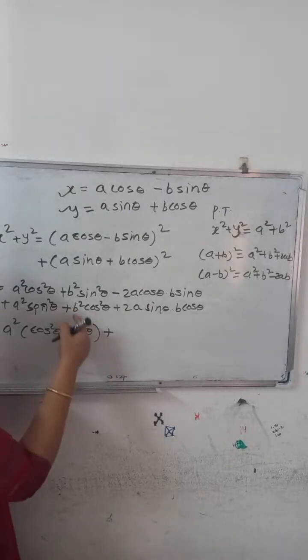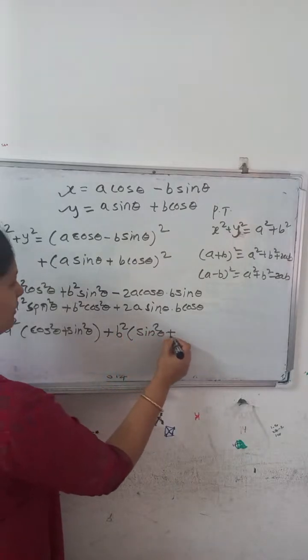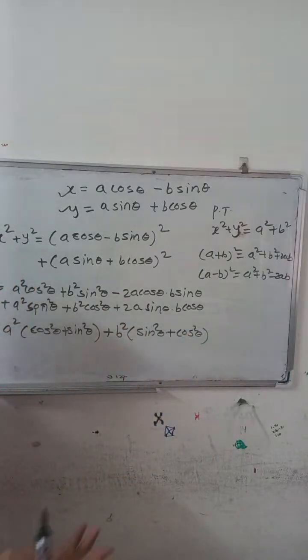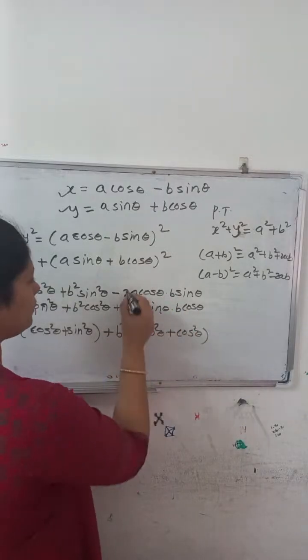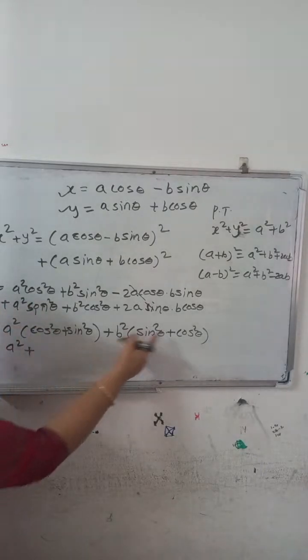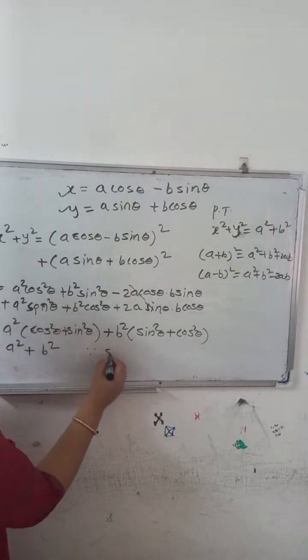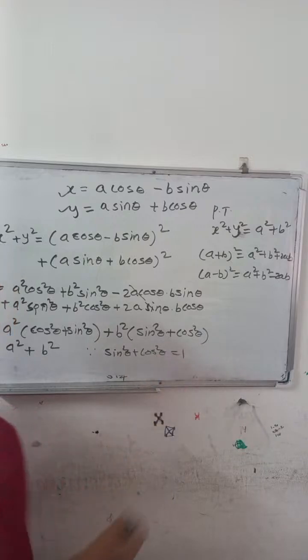Again if you take b square common, you will get sin square theta plus cos square theta. Multiplication is commutative, so 2ab sin theta cos theta and 2ab sin theta cos theta both terms get cancelled. According to the identity, cos square theta plus sin square theta is 1, and this is also 1. So you can write the reason: sin square theta plus cos square theta is equal to 1.